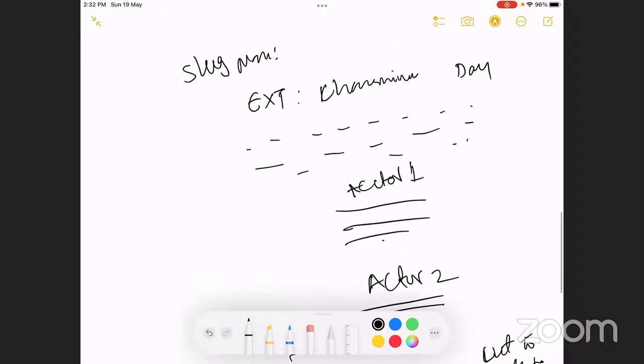So this is a single column script. Sorry, this all should be in capital letters. This is a script format. Exterior, Charminar, day. Okay, this is the slug name.